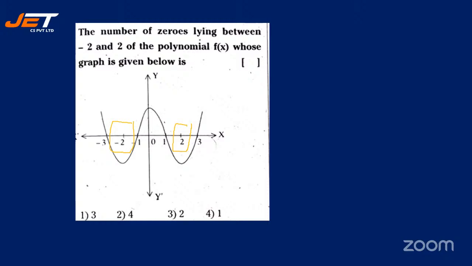So where all it touches the x-axis, can you see here? Yes, see here 1, 2. So it touches at 2 places. So your answer must be option 3. Let's see. Yes, it is. All right.